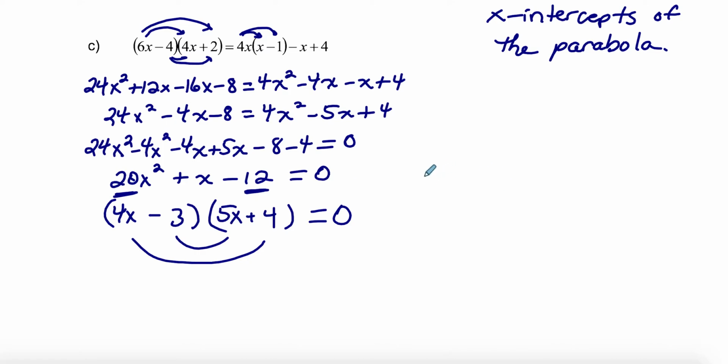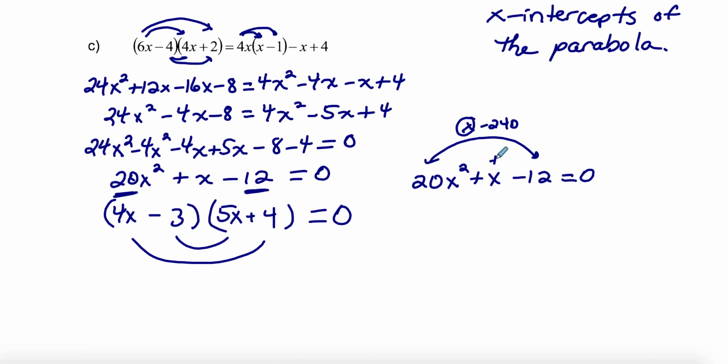If I did decomposition, to me this is a little bit more difficult. I have to think about numbers that multiply to give me the product of the first term and the last term. So what multiplies to give me negative 240 and adds to give me 1? You might not know numbers that multiply to give you 240 right away, so you just start dividing by 12, you divide by, I don't know. If I divide by 16, 240 divided by 16 is 15.